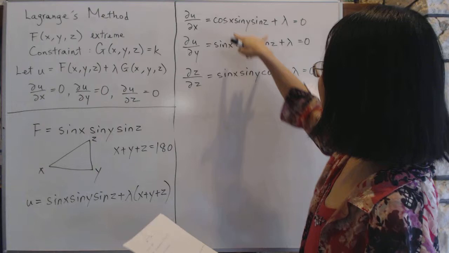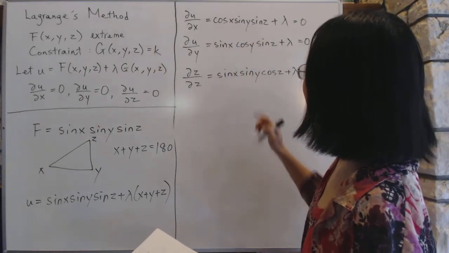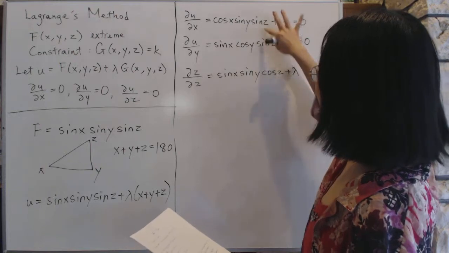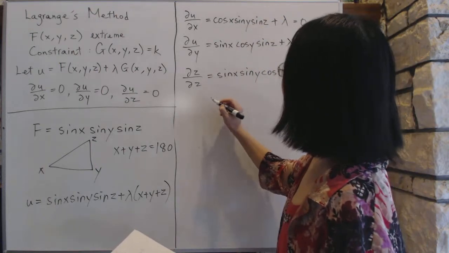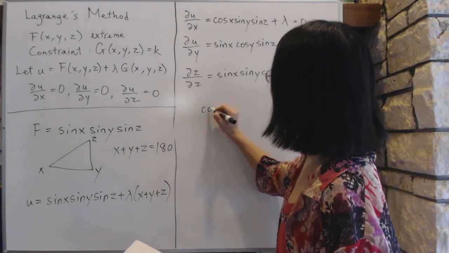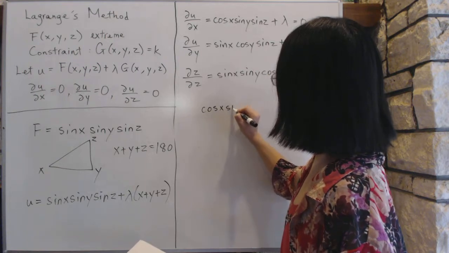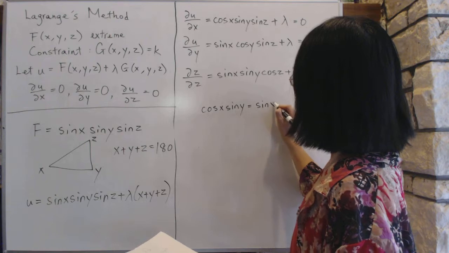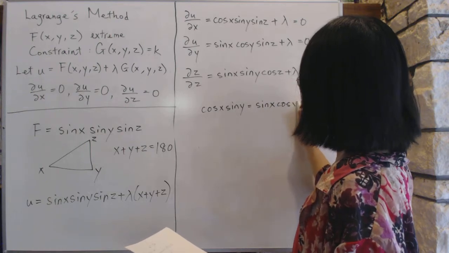So which means they're all the same value. And so let's say if the first two are the same, we'll cancel out sine z, which will give us cosine x sine y equal to sine x cosine y.